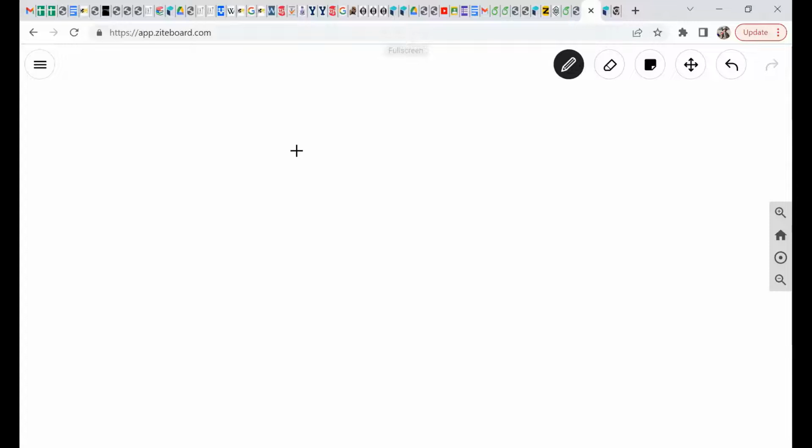So we have a triangle. That's not a good diagram.